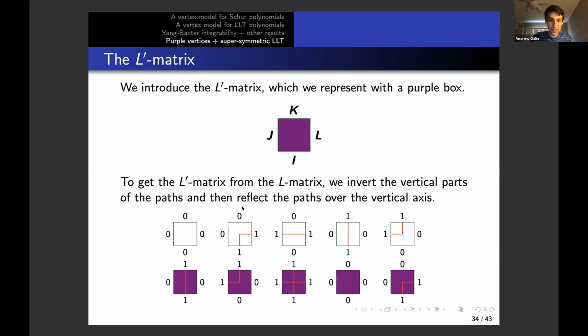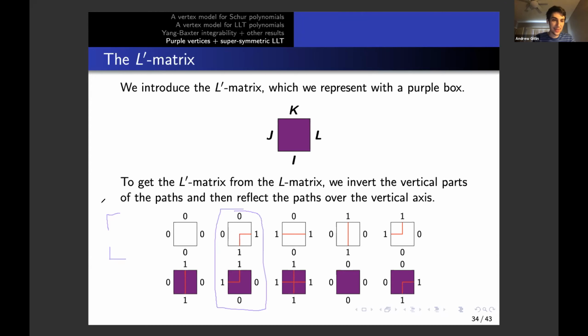So just as an example, let's take a look at what's going on over here. So I start with that path. I invert the vertical parts. So where there was a path, there's no longer going to be a path. And where there isn't a path, I'm going to put a path in on the vertical parts. So I get this.